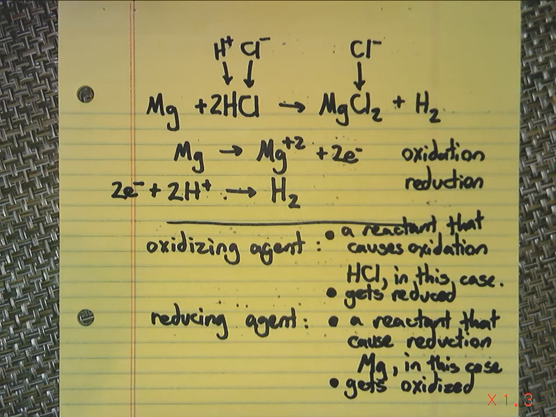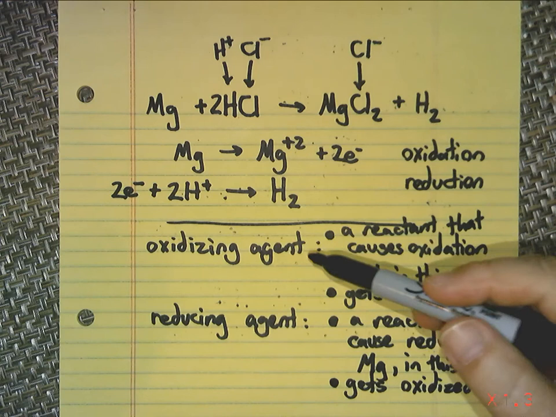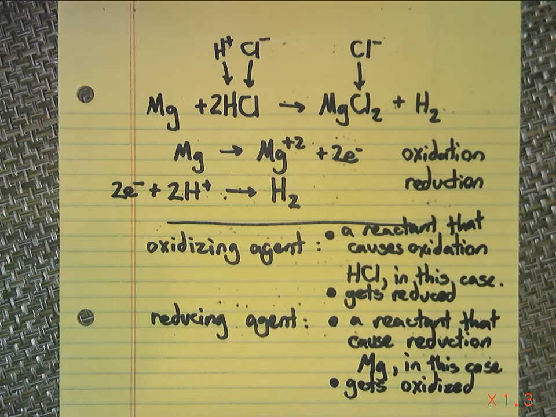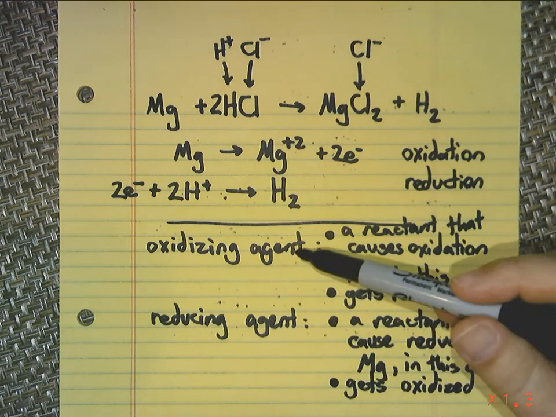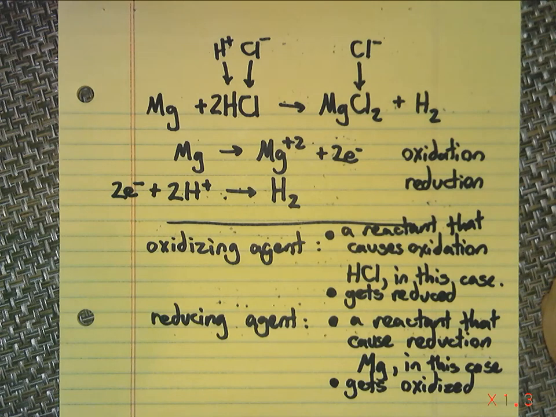But sometimes it's more difficult, and that's what the next two videos will be about, how we get the charges and set this up. Then in the final video, we will go back to using oxidation numbers to identify the oxidizing agent and the reducing agent in a chemical reaction.